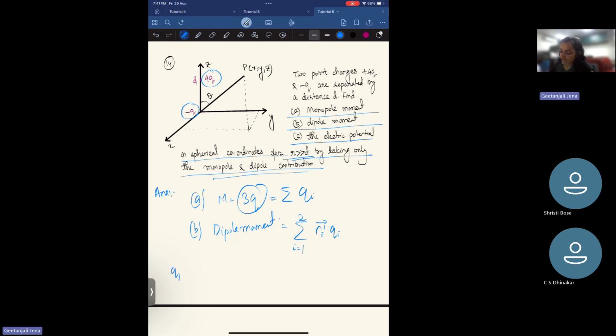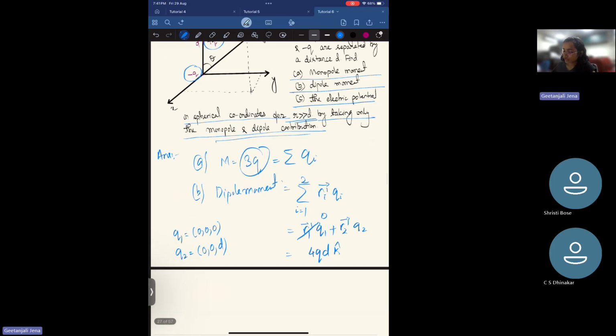We can see Q1 is at the origin 0, 0, 0, and Q2 is at 0, 0, 2D. Because R1 is 0, this will give 4QD z-hat. So this is the dipole moment.